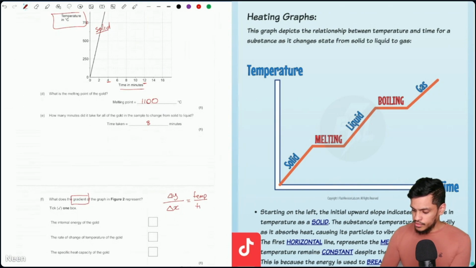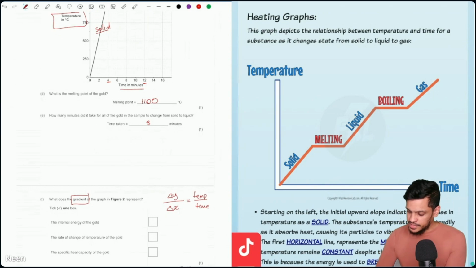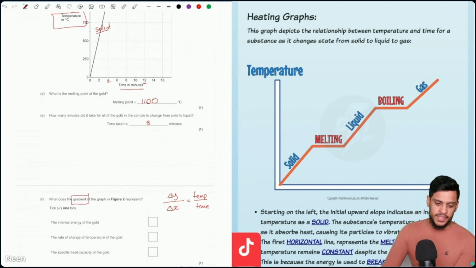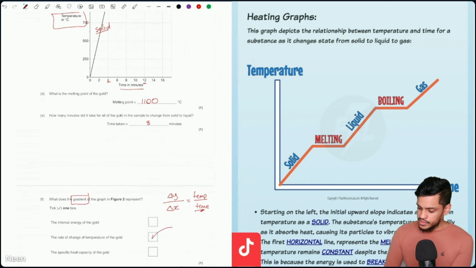So it's temperature over time. That basically means whenever something's over time, it's the rate. So this is the rate of change in temperature. If anything's divided by time, it means it's the rate. And because it's temperature over time, it means it's the rate of change in temperature.